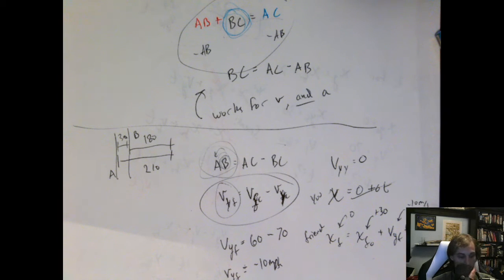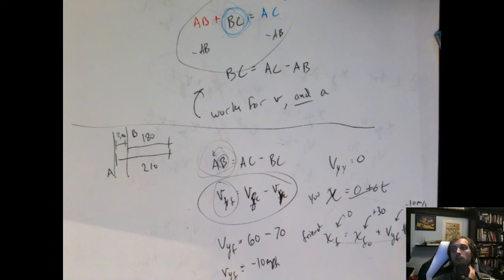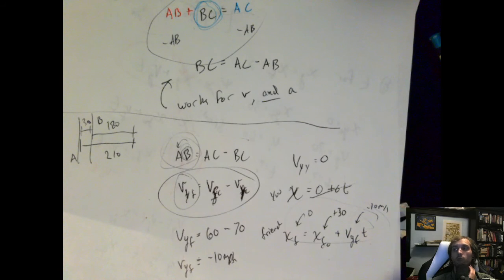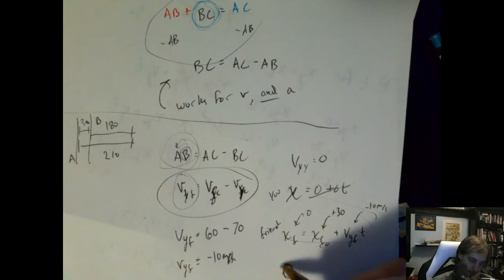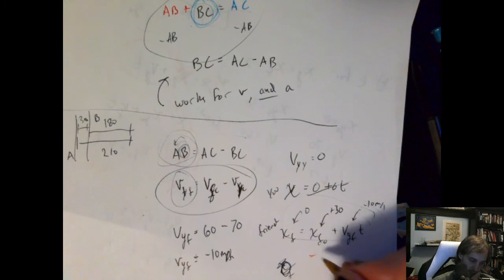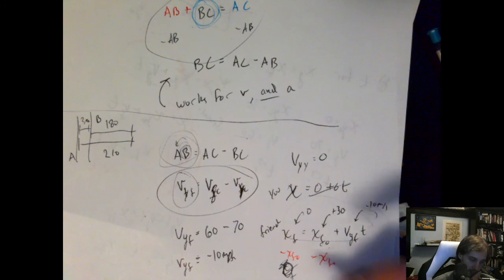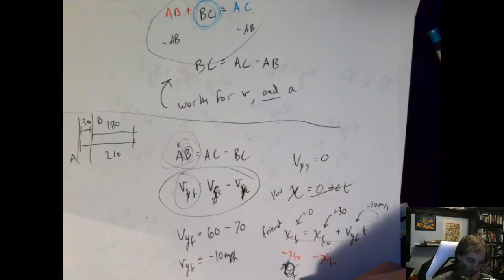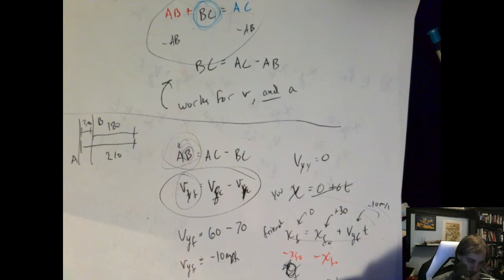And the reason that's so nice is now we don't have to do a system of equations, because in one of our equations, everything just equals 0, and our other equation, we've got it all set up. That'll give us, once we solve this out, which we can do by subtracting off x f naught, that'll give us xf minus xf naught equals vyf times t.